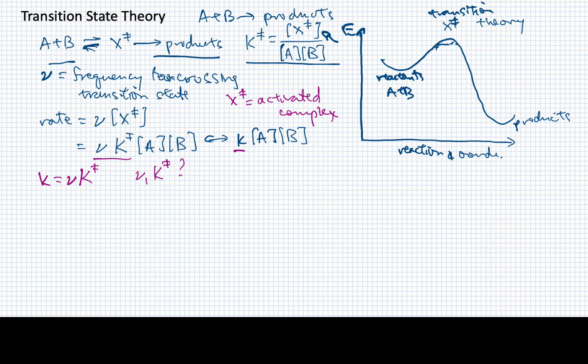All right, now what I'm going to do is associate this frequency nu with a vibration in the activated complex that actually leads to the transition of the barrier. So in other words, nu is going to be somehow related to a vibration in the activated complex that facilitates crossing.